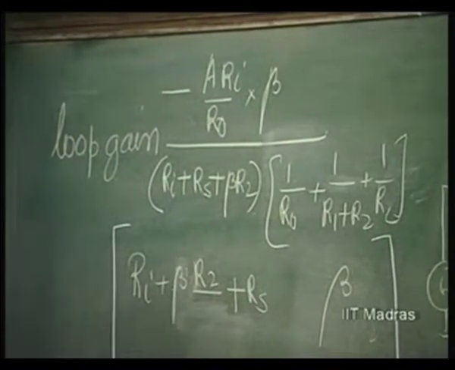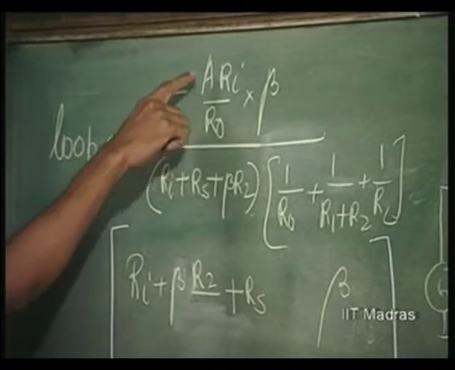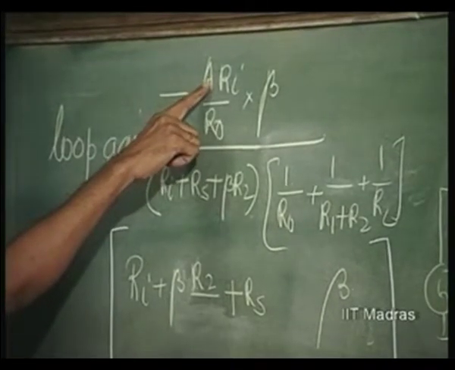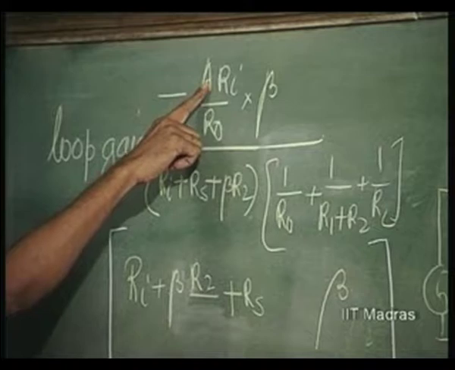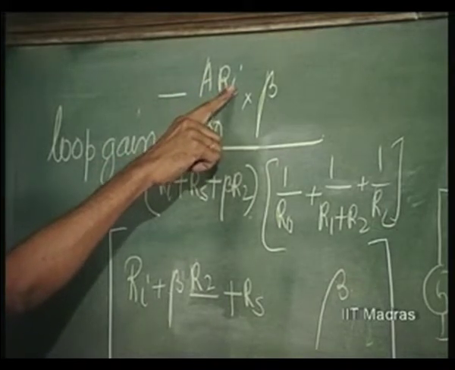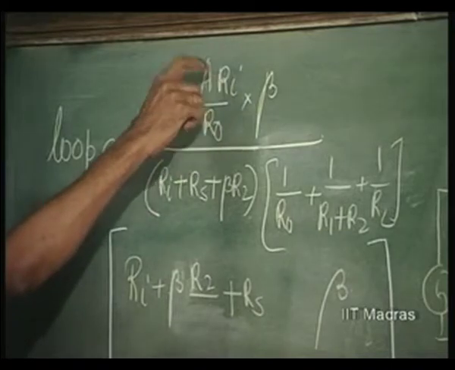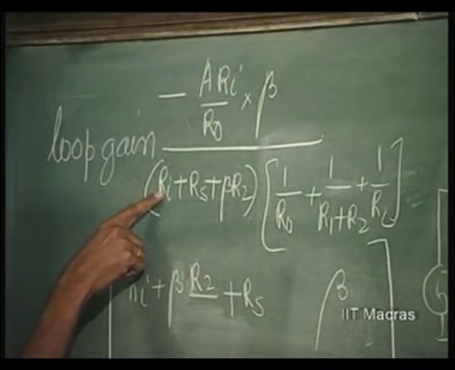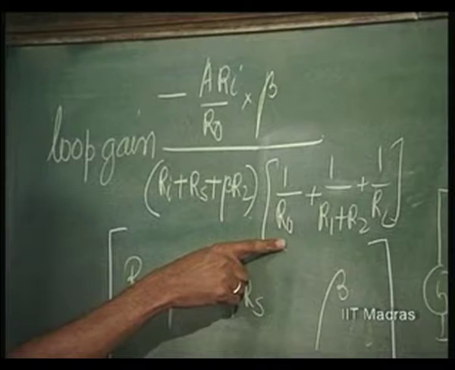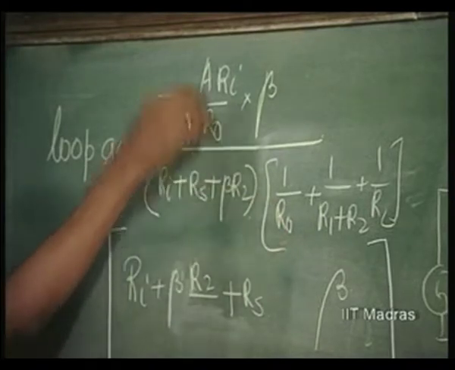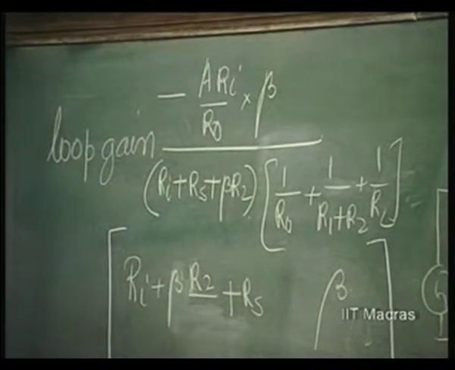Before we rub it off, you can see here A, one thing that is supposed to be high, Ri which is very high, R naught very low. That means this is infinity to the power 3. Here Ri which is high, R naught which is low. This is infinity squared. So, loop gain is still very high.